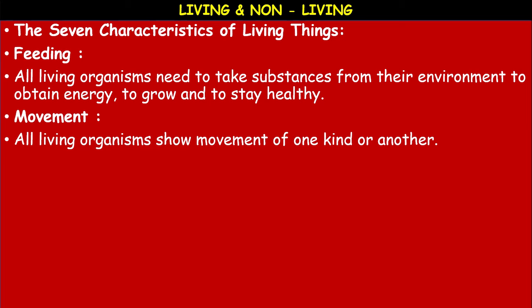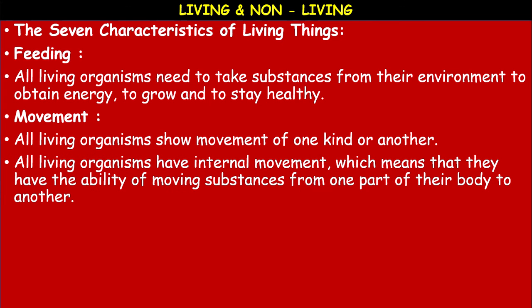For example, if you keep a plant in the dark, it tries to move towards the light. It shows some movements. The movements in plants you will study in higher classes, in the growth and movements lesson. Tropic movements and nastic movements are shown by the plants. So all living organisms show movement of one kind or another.